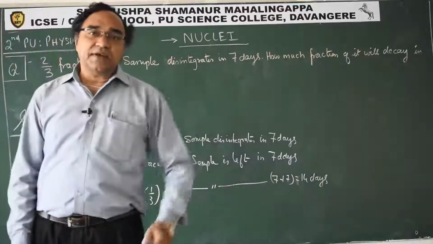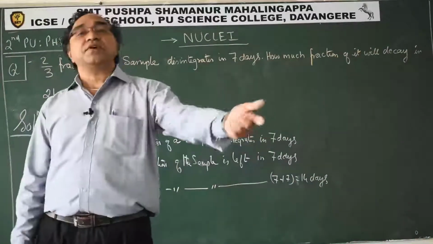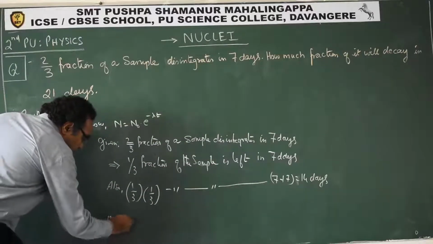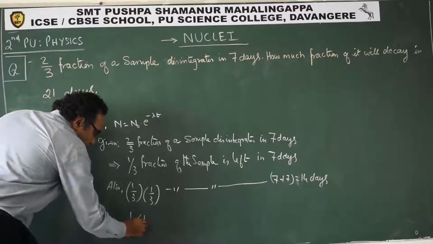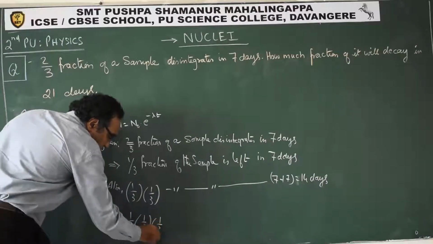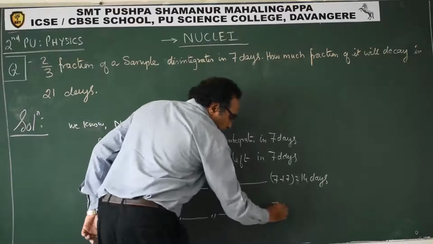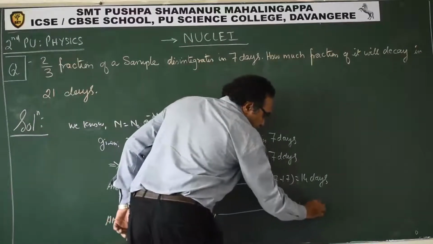So in the next 7 days, 1/3 of the 1/3 will be left out. Now, also 1/3 of 1/3 of 1/3 will be left in 7 plus 7 plus 7, that is 21 days.